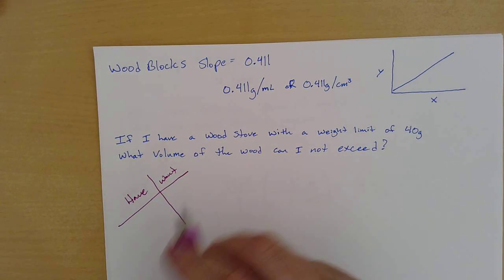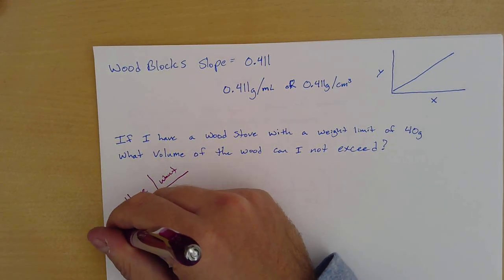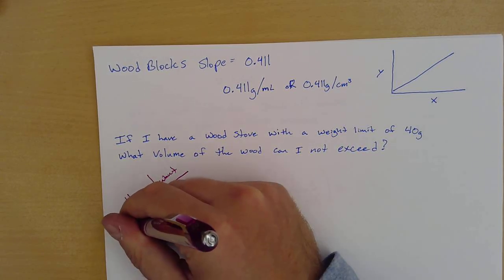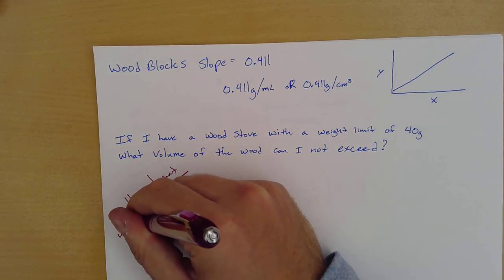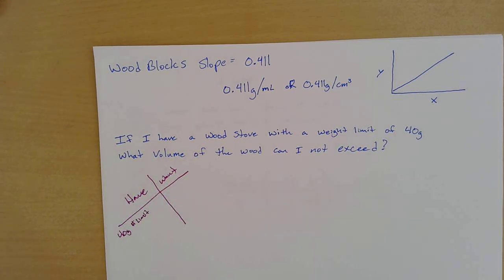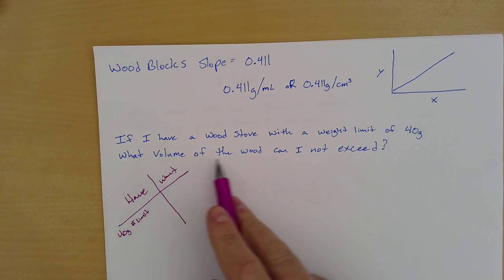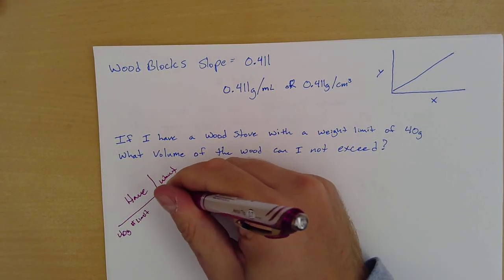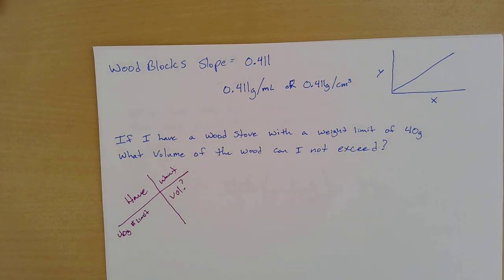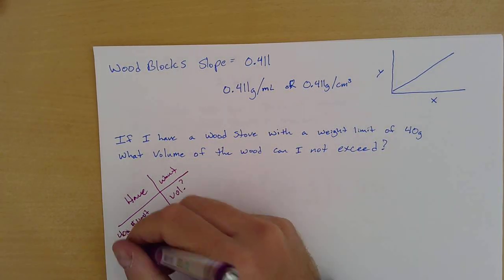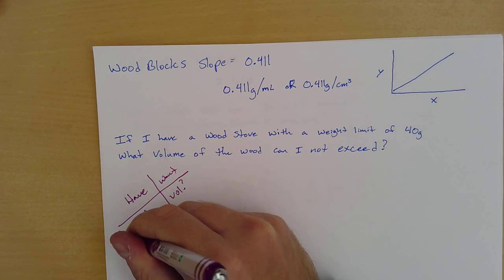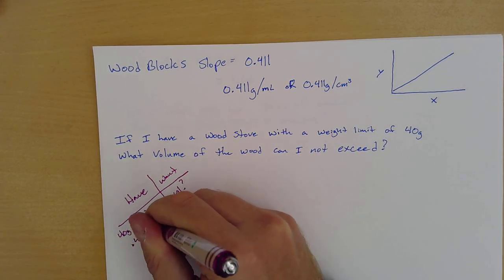I like to set this up just to make sure that I have what I want. So I have a 40 gram weight limit, right? And then what volume of wood can I not exceed? So I want to know what volume I need. And I also have density here. So I have 0.411 grams per milliliter.